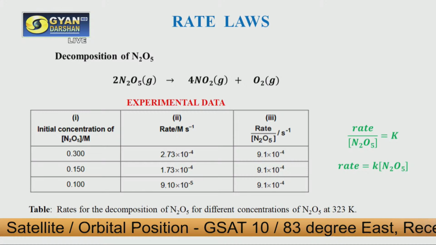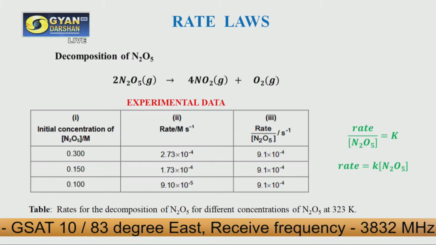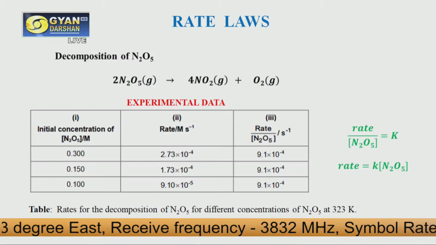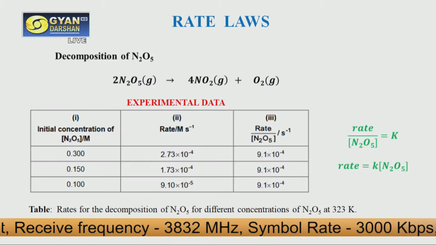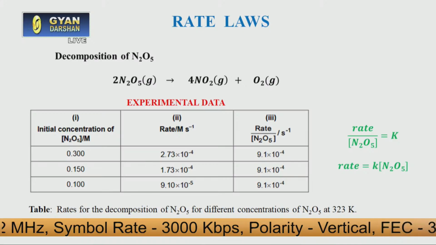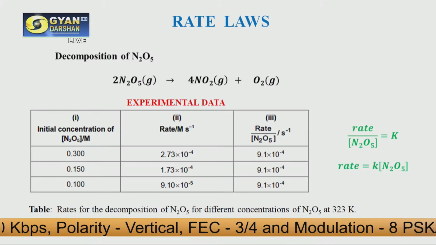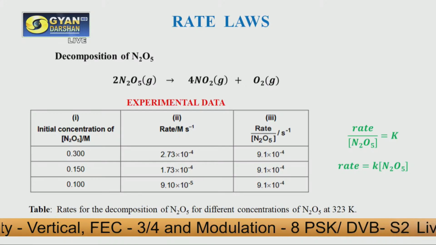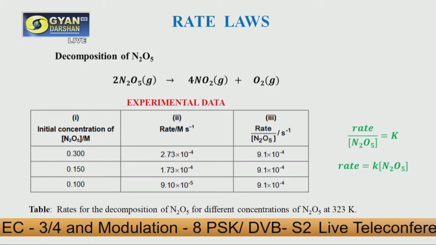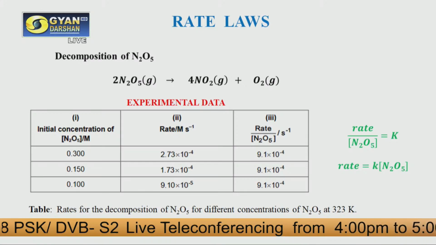Simply, we can term it the K value: rate divided by the concentration of nitrogen pentoxide gives a constant value. So we can write rate is equal to a constant times the concentration of N2O5. This equation is the rate law for this decomposition of nitrogen pentoxide.